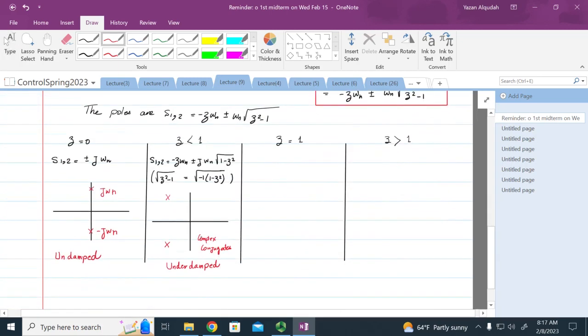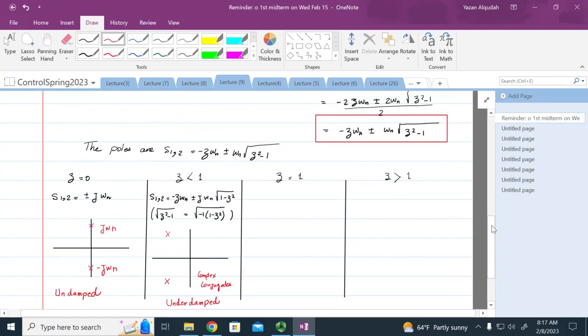The third case we're going to look at is what happens when zeta is equal to 1. And when zeta is equal to 1, the square root of 1 squared minus 1 is going to equal 0. And the roots s1,2 are going to equal negative zeta multiplied by omega n, which is equal to negative omega n.